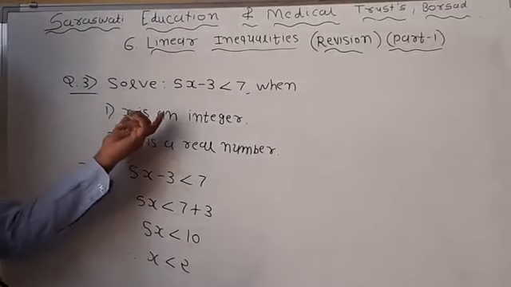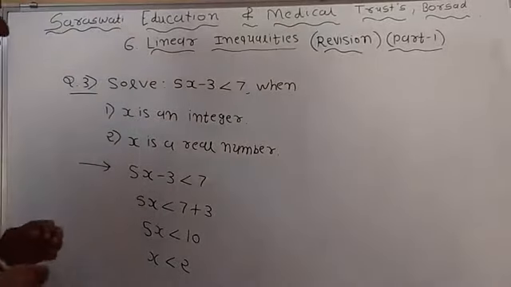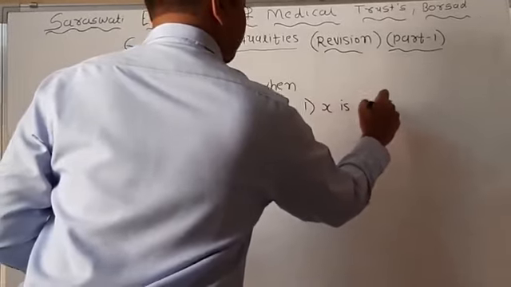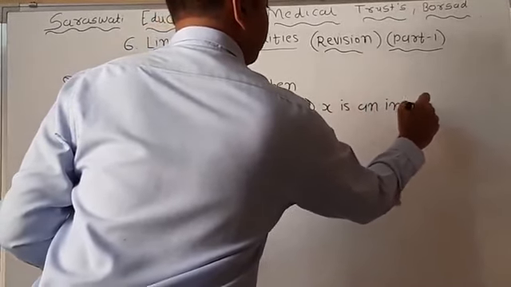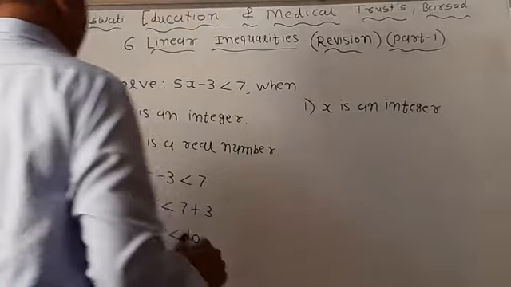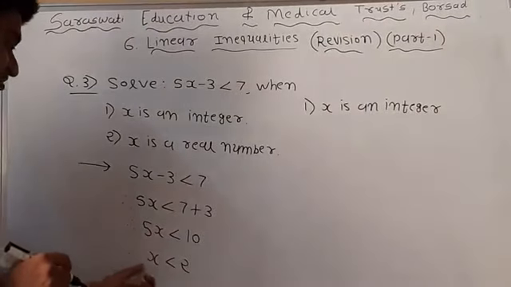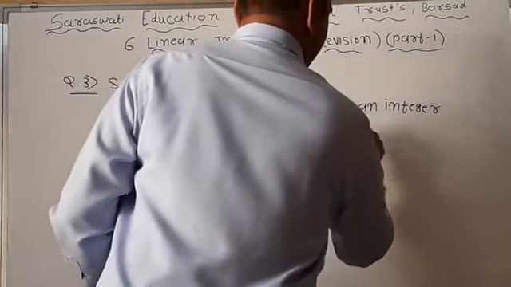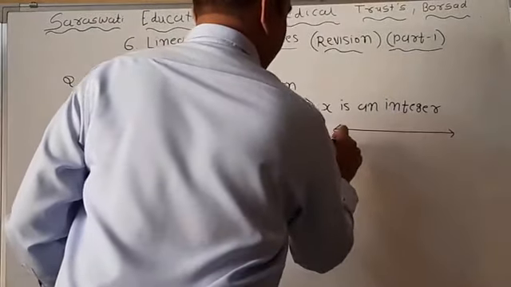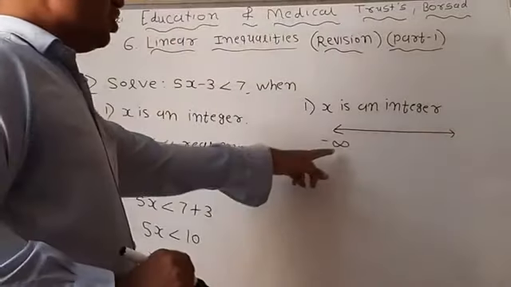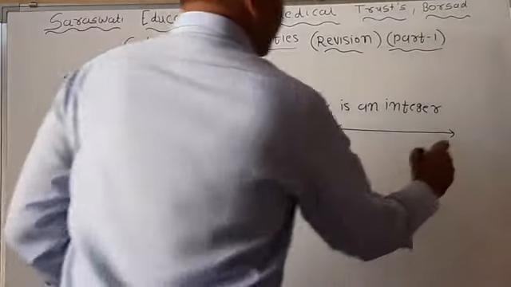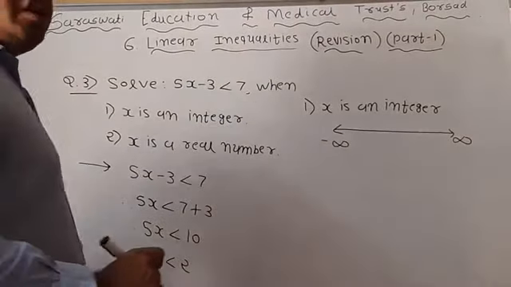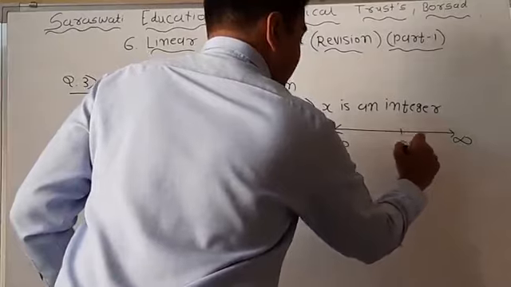Now our first condition, x is an integer. How can we write the answer? Here the condition is x less than 2. First of all, we draw a number line. Here we write the position of minus infinity and here the position of infinity. Suppose the position here is 2.